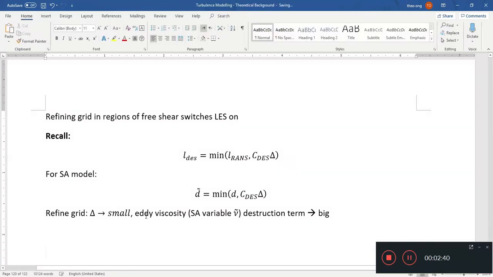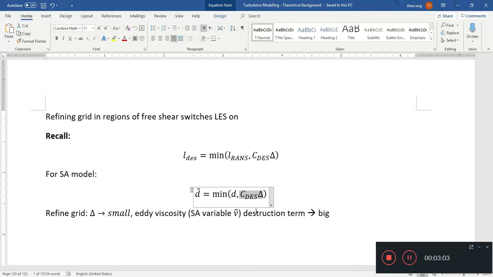So when you refine your grid enough and you get far enough away from the wall such that this becomes smaller than this, then your LES model should switch on, right?